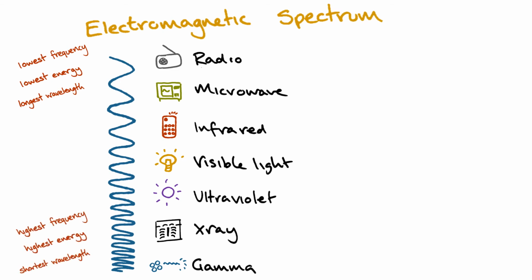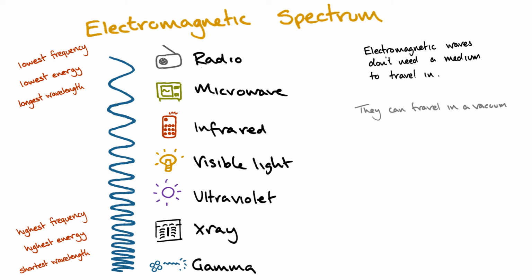At the bottom of the spectrum we have the highest frequency waves with the highest energy and the shortest wavelengths. Electromagnetic waves don't need a material to travel through, and they can travel in a vacuum. All of the waves on the electromagnetic spectrum travel at 3 × 10⁸ meters per second in a vacuum.